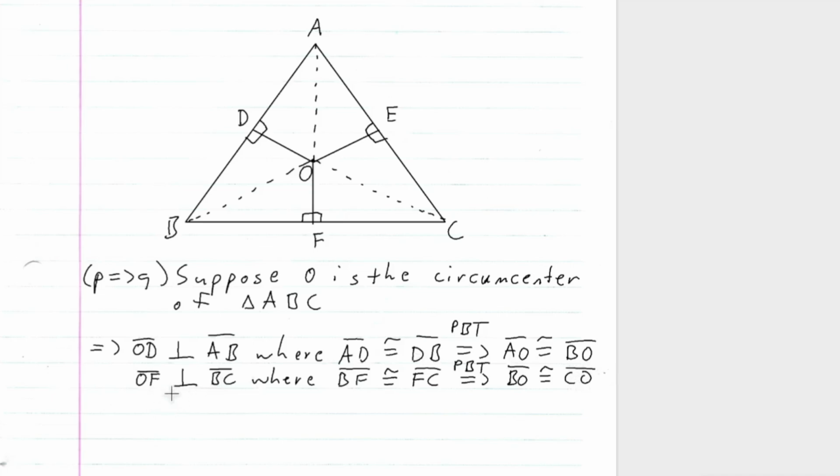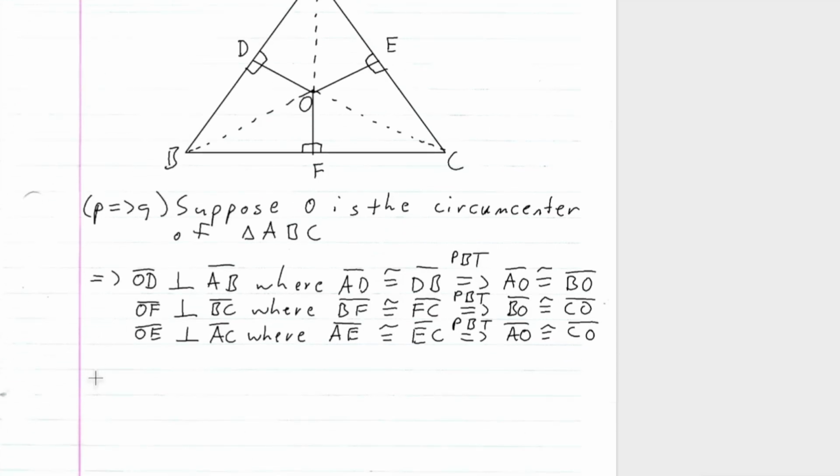And then finally, the last one, we have OE is perpendicular to AC, where AE is congruent to EC. And then, of course, if this is the perpendicular bisector of AC, this implies by the perpendicular bisector theorem that AO is congruent to CO. And look at what we have here.